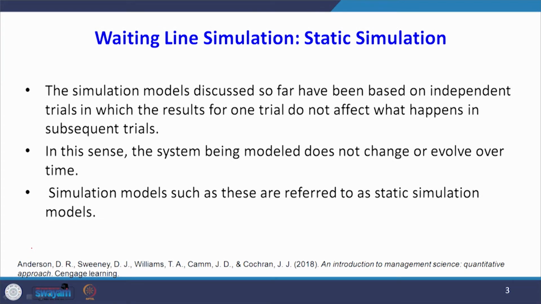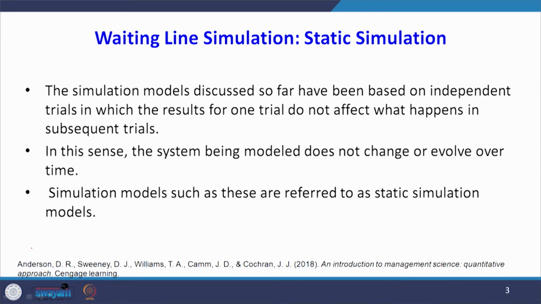Waiting line simulation, static simulation. The simulation models discussed so far have been based on independent trials, in which the result for one trial does not affect what happens in the subsequent trials. For example, in the previous class we discussed inventory simulation, where the result of one trial does not affect the subsequent trial.